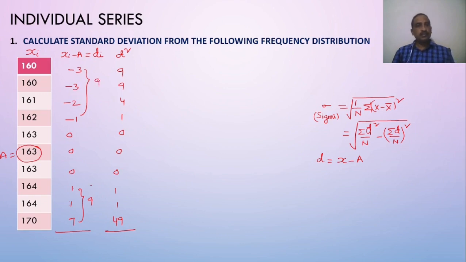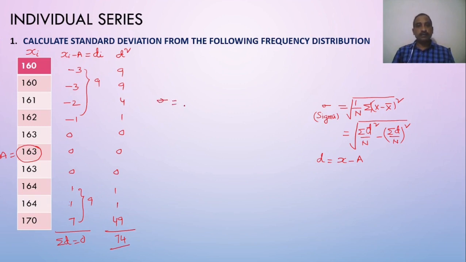So summation d equals 0. Now summation d square is 9 plus 9 is 18, 18 plus 4 is 22, 23, 24, 25, 25 plus 49 means 74.